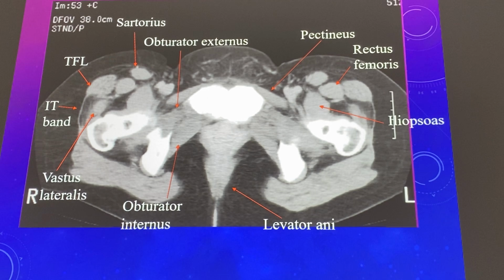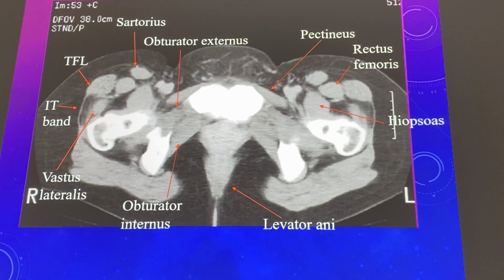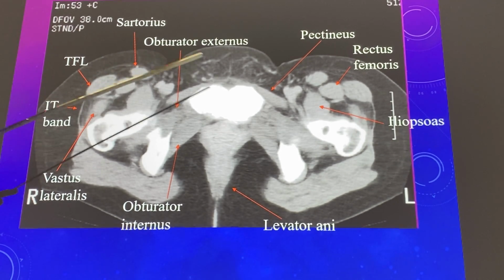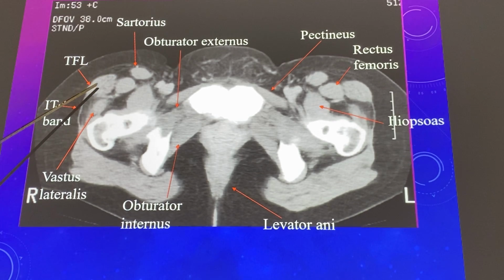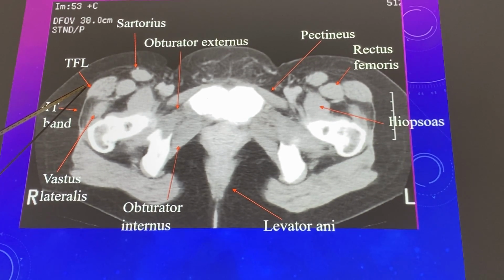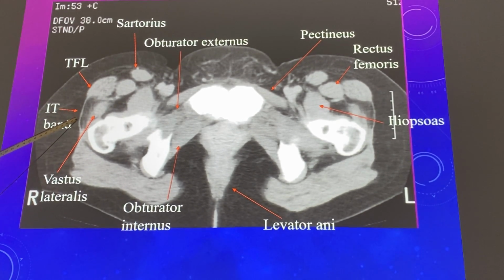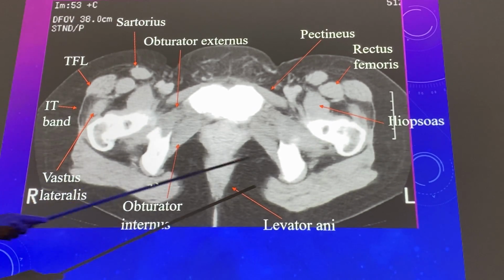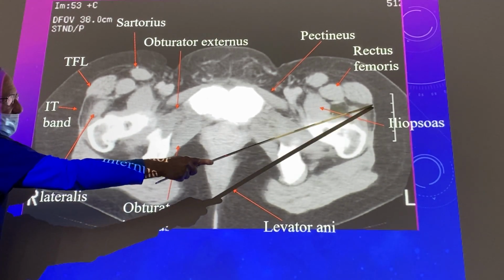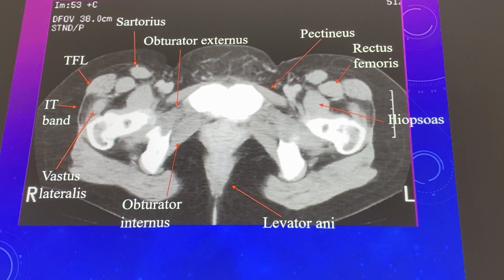Basically, it's going to extend from the area of the pelvis down toward the femur and eventually insert along the anterior portion of the tibia. So you have the sartorius over here. You have tensor fascia lata over here. That thin band over here, both sides, doesn't quite show up on this side very well, because it does over here, is your IT band.